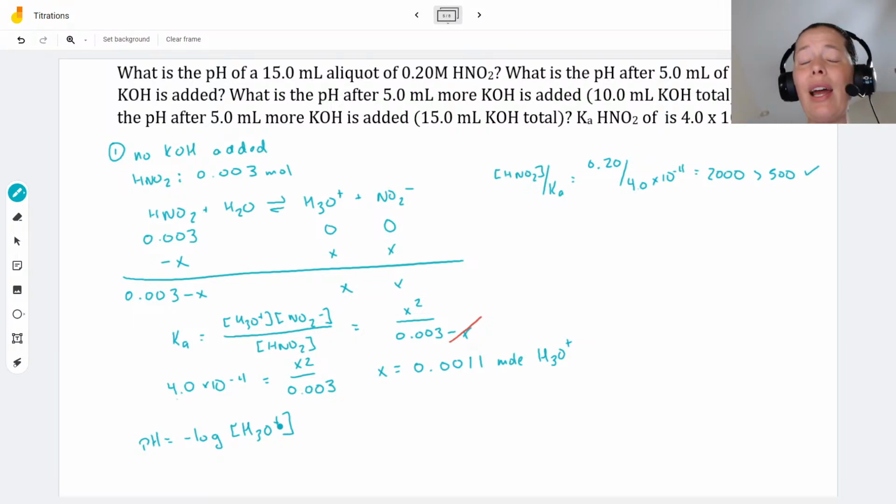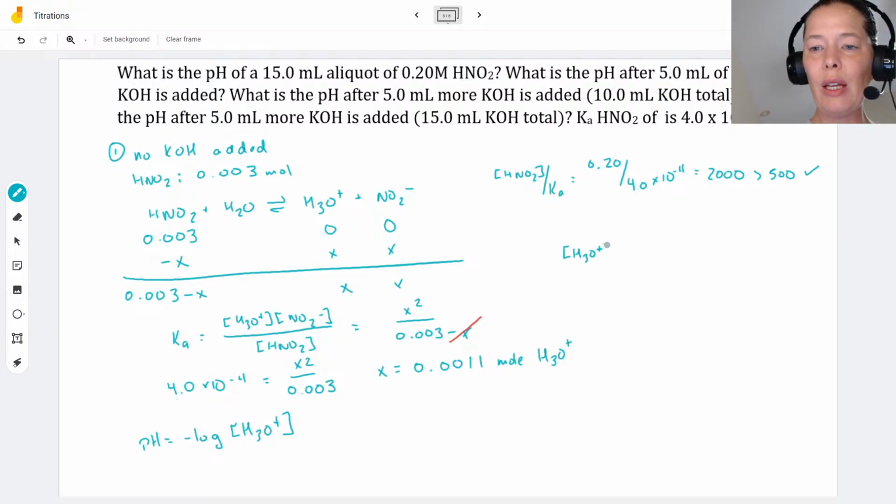And even when I am working through these problems, and especially if I'm trying to go a little bit fast, I will do that and I'll have to catch myself and go, wait, you have moles, you don't have concentration. Okay, so we have, maybe we'll just put this over here. Our concentration of hydronium is going to be our moles of hydronium over our volume.